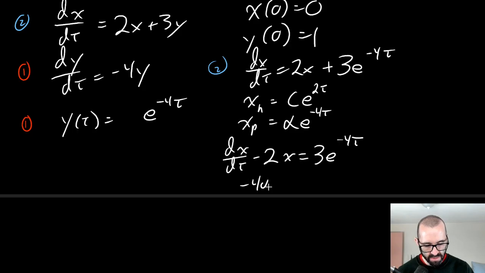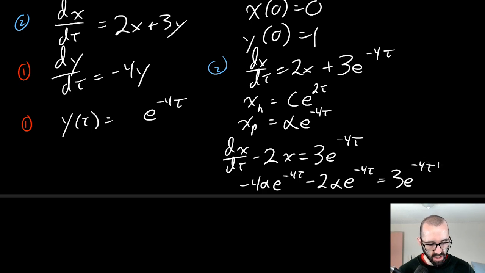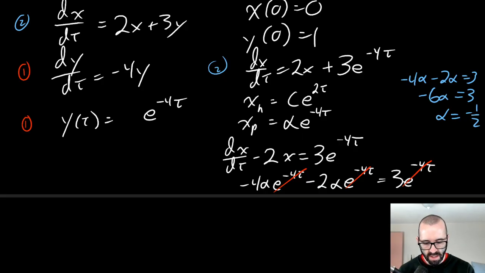We'll get negative 4 alpha e^(-4t) minus 2 times that needs to equal 3 times this. And of course, they all have e^(-4t), which will never equal 0. So really, all we have to do is find when negative 4 alpha minus 2 alpha equals 3. Negative 6 alpha equals 3. Alpha is negative 1/2. And we find our particular solution is going to be negative 1/2 e^(-4t).